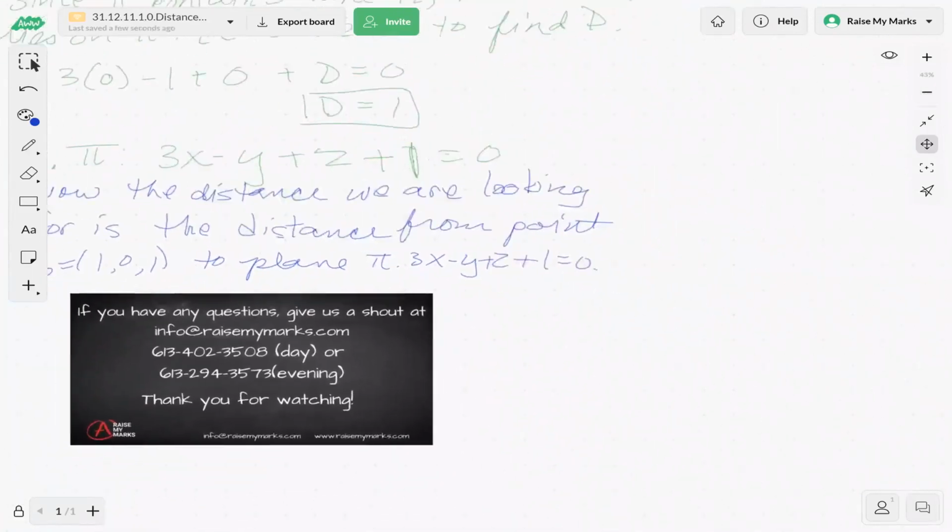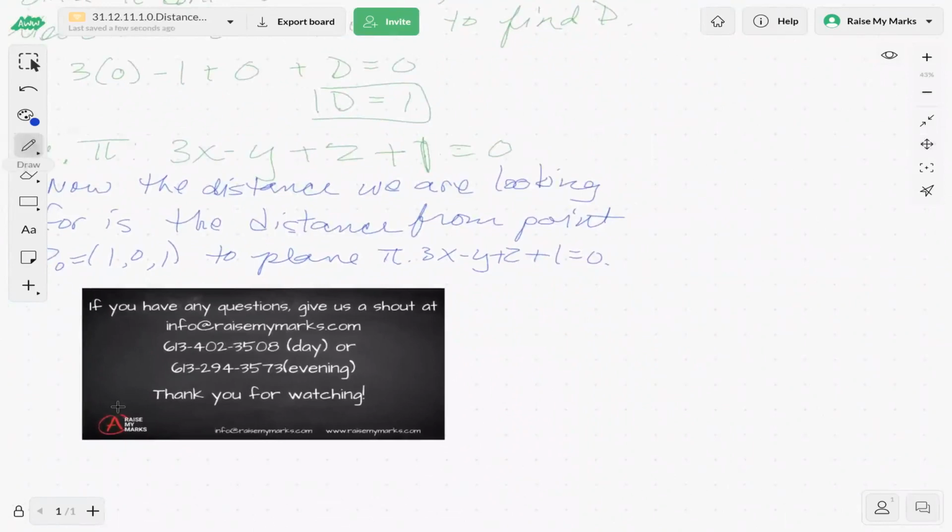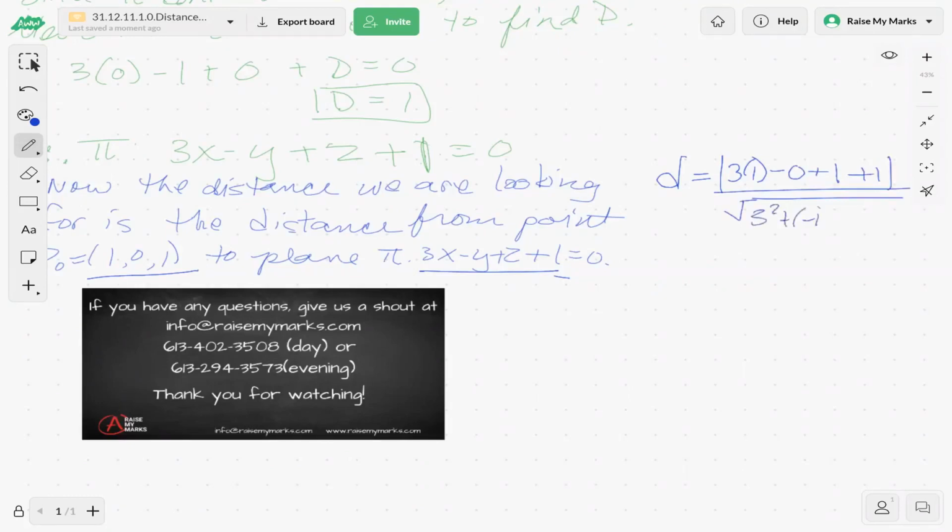Our distance equals the absolute value of the left-hand side of the equation of our plane evaluated at point P0, over the magnitude of our normal. We have the absolute value of 3 times 1 minus 0 plus 1 plus 1, over the square root of 3 squared plus negative 1 squared plus 1 squared.